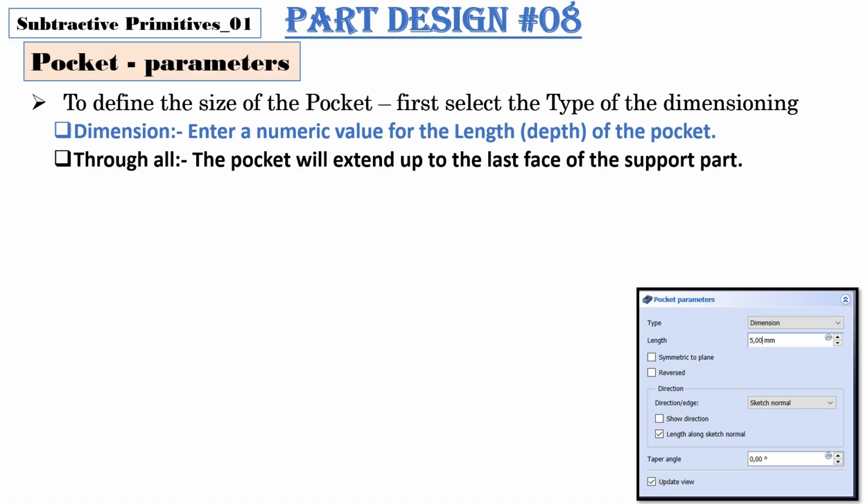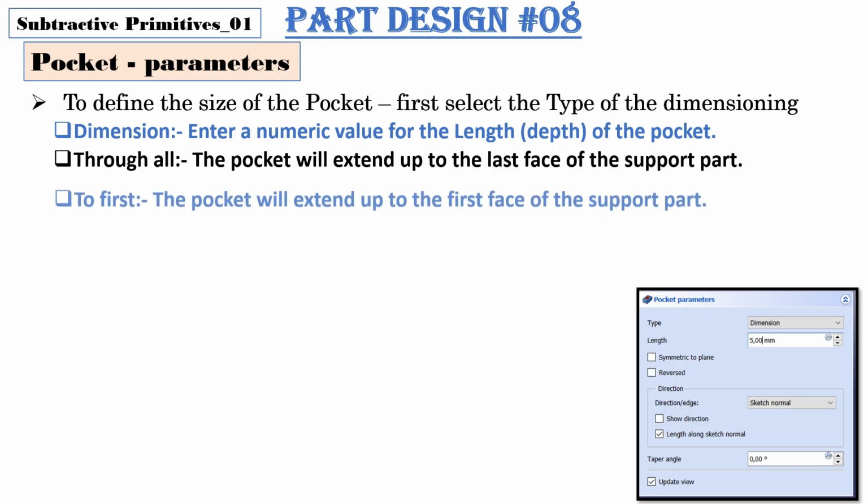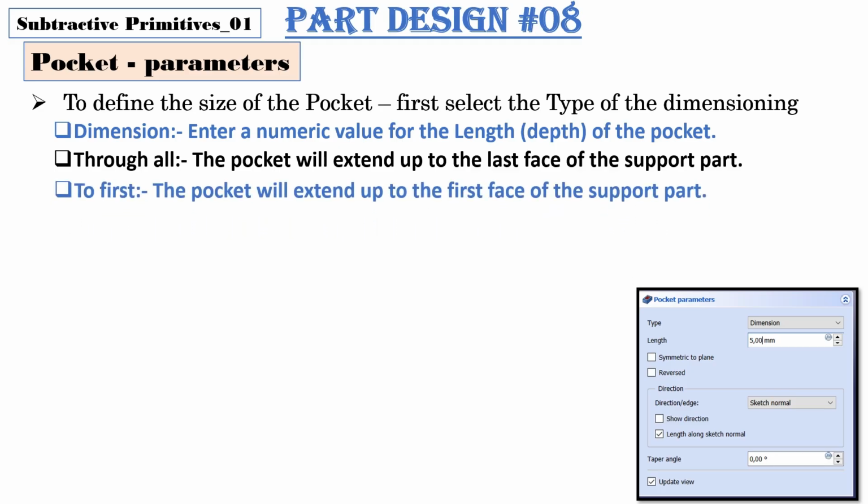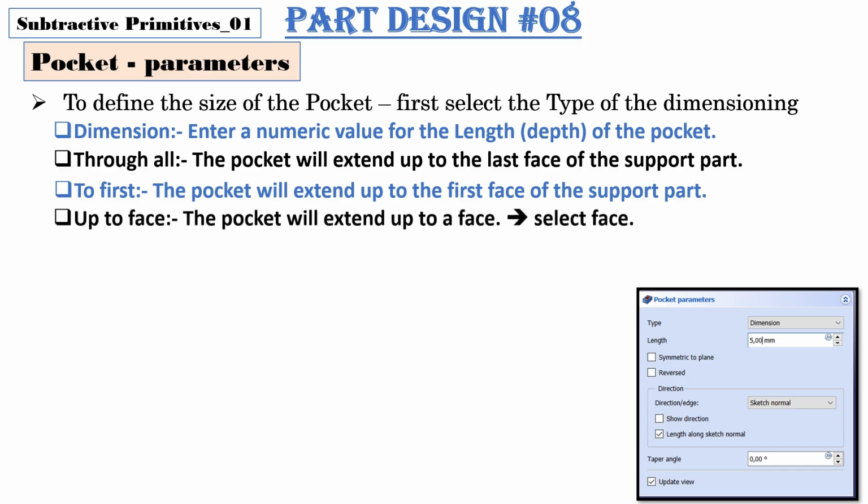Through all: the pocket will extend up to the last face of the support part. To first: select a face, and the pocket will extend up to the first face of the support part. Up to face: the pocket will extend up to a face.